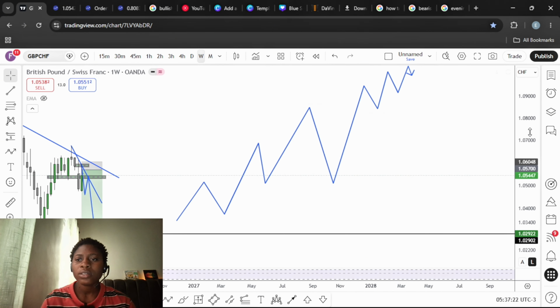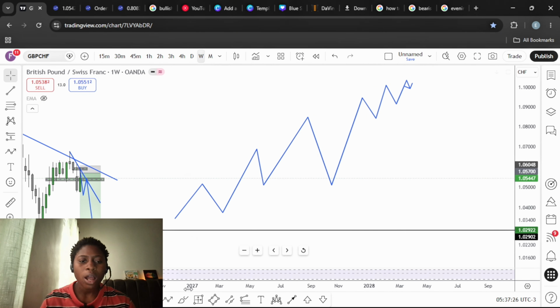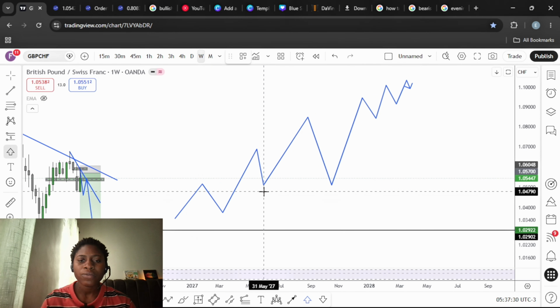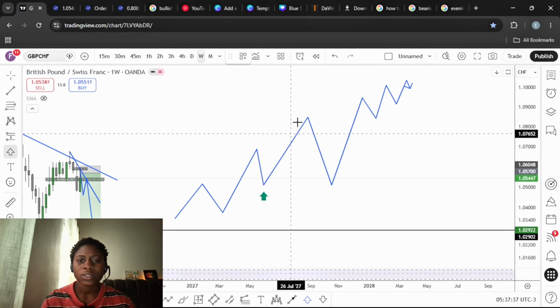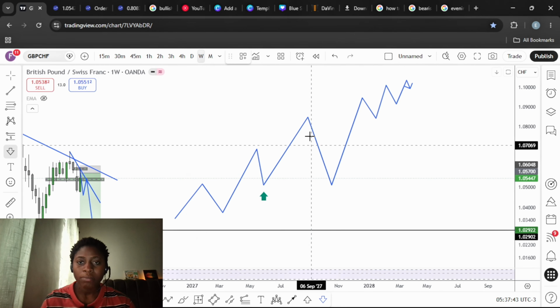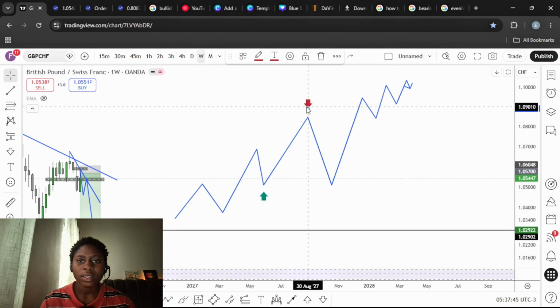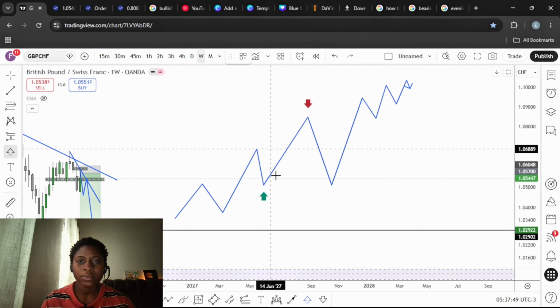So right now, this market is trending upwards. It's trending upwards because we keep making a series of higher lows, because this low is higher than this low. And a higher high, because this high is higher than this high, right?